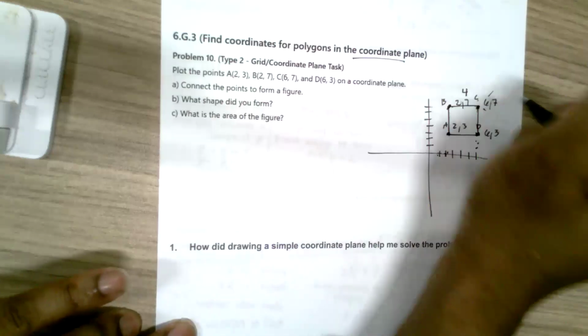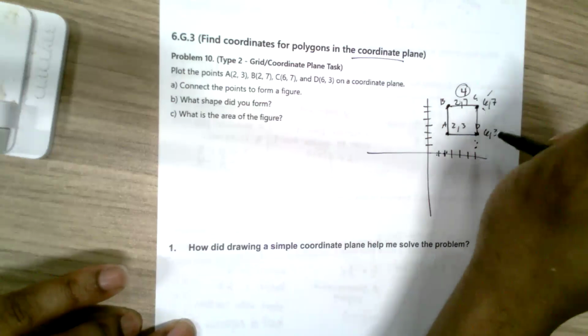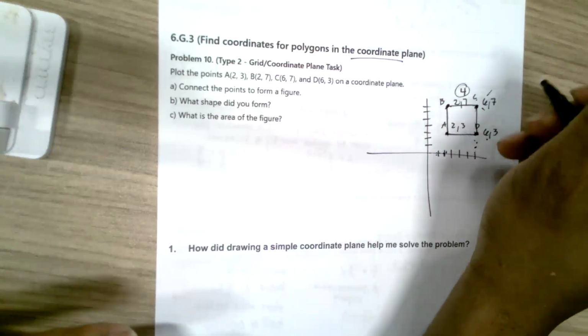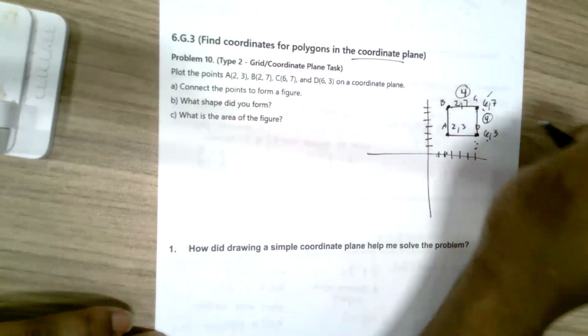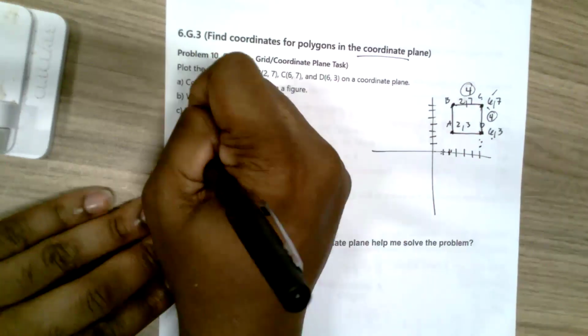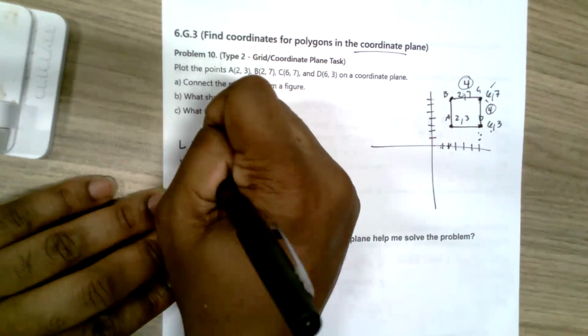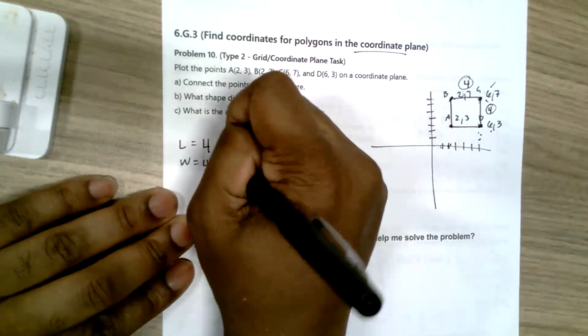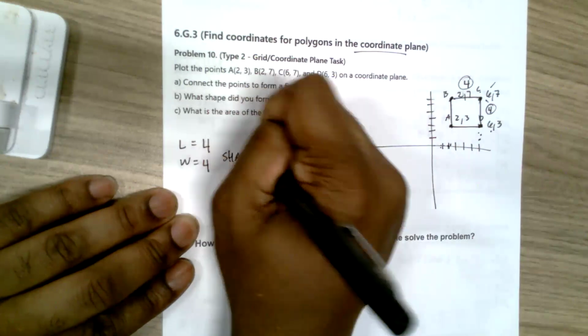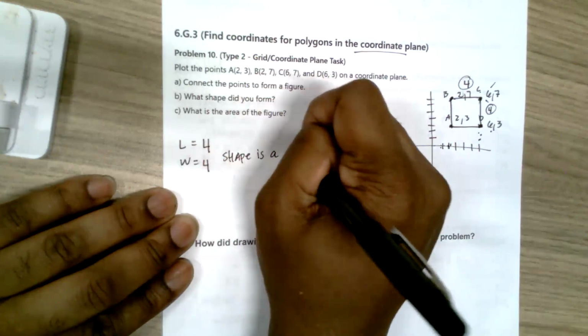That's 4 units. Get from 6, 7 to 6, 3. Oh, length equals 4, width equals 4. So the shape is a square.